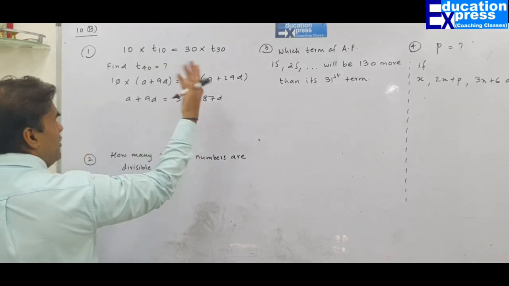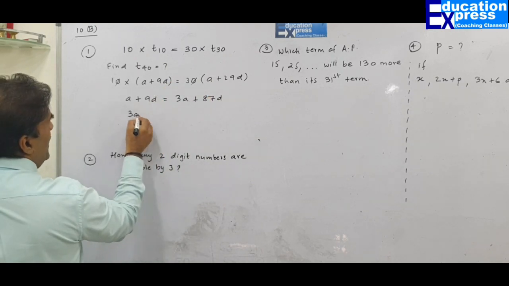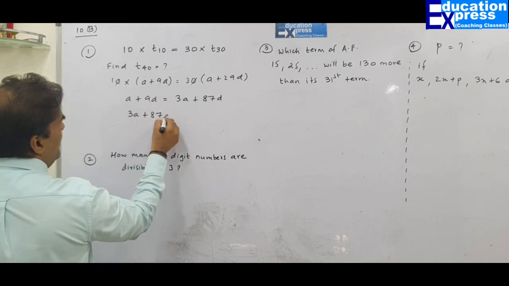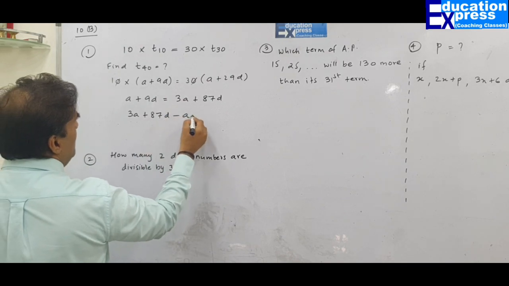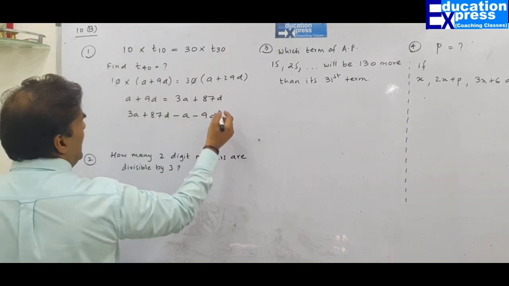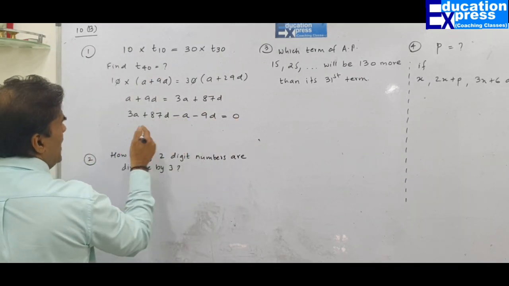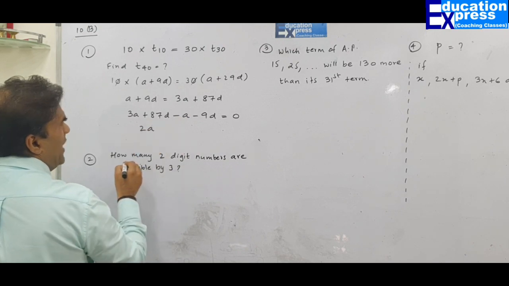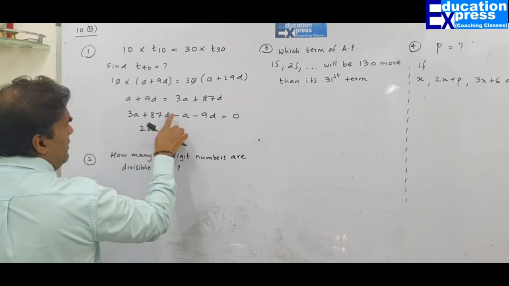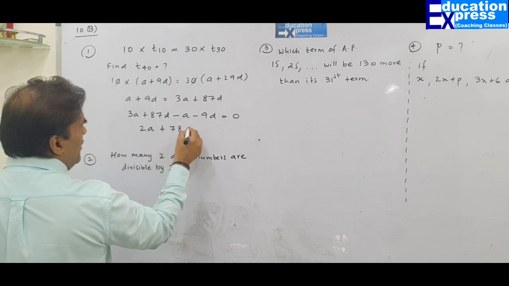Can we shift everything to the other side? Yes, sir. So what will happen? 3A plus 87D minus A minus 9D. Since everything got shifted that side, this will be equated to 0. 3A minus A, that would be 2A. 87 minus 9 will give you 78D.